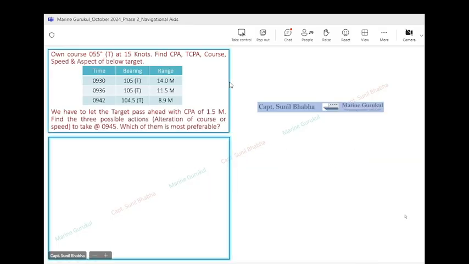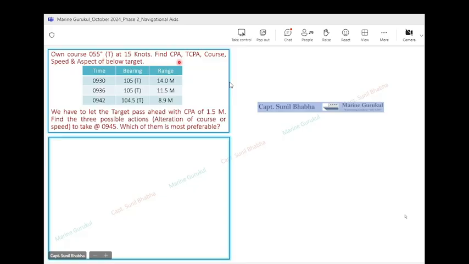Let us now see an example where we are required to take an action for achieving a particular clearance or CPA range. We have the question on the screen. Own ship's course is 055 degrees true, speed 15 knots.